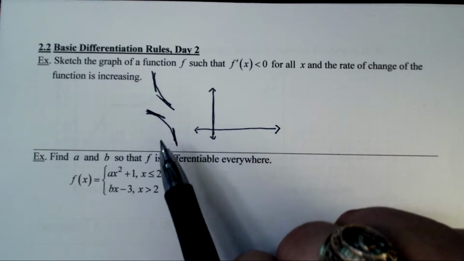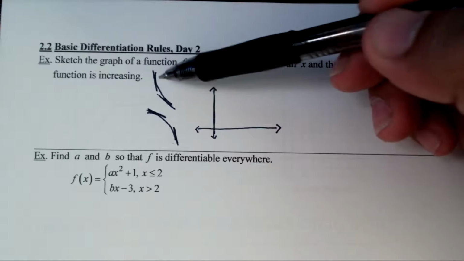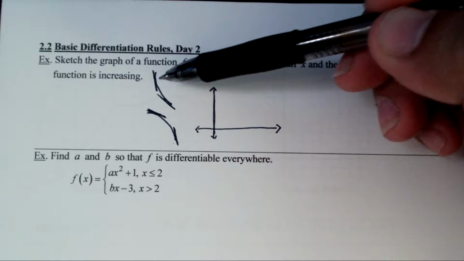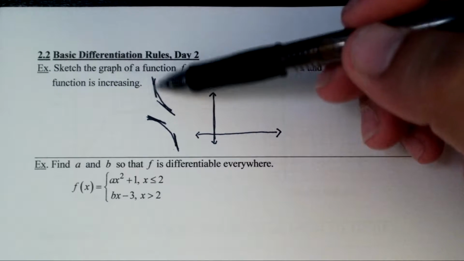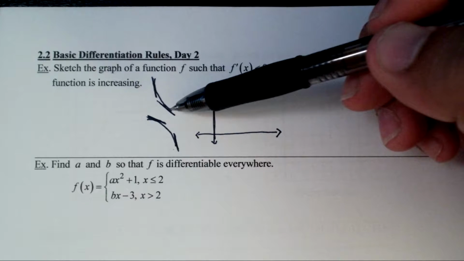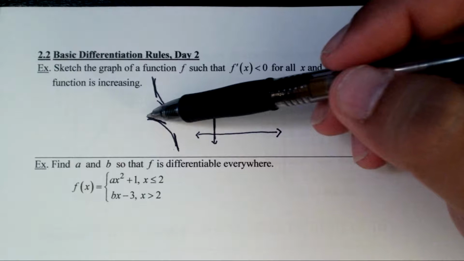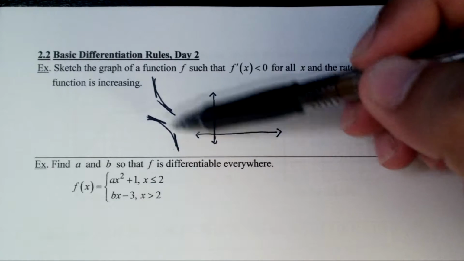Larger meaning more positive. It's pretty easy to tell that this function here has a slope that's increasing, right? It was very negative up here, but then it starts getting less negative. In other words, it's becoming more positive. Over here we have something that's slightly negative, but it gets increasingly negative.